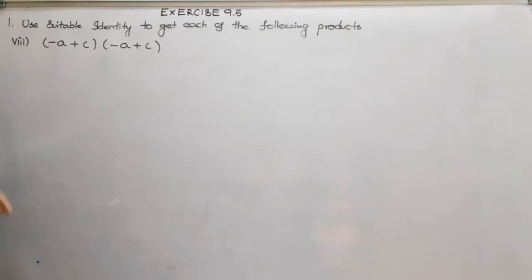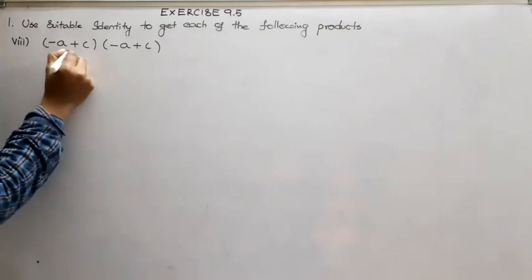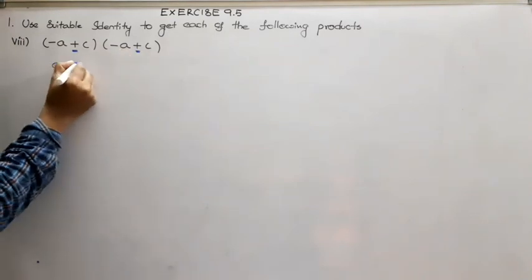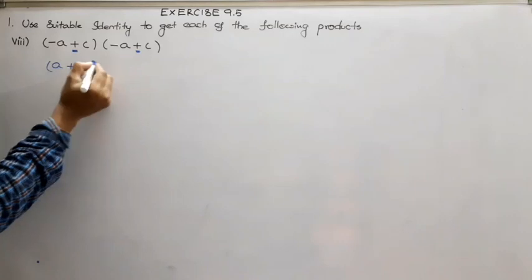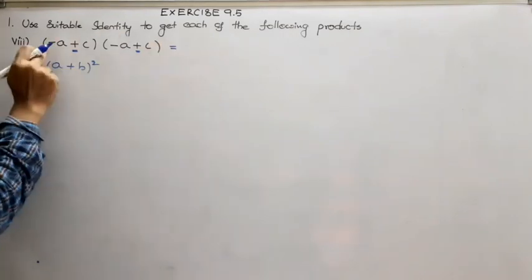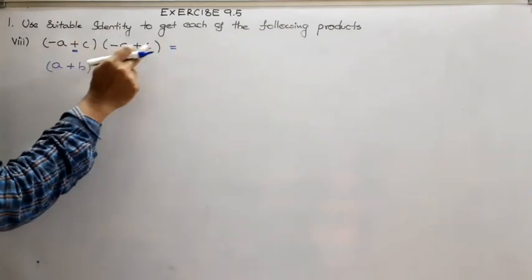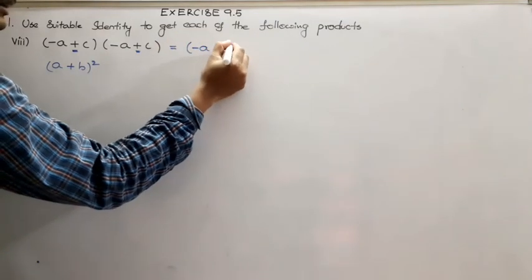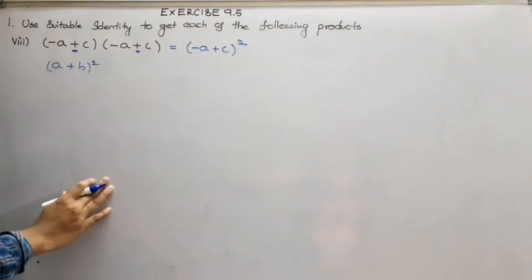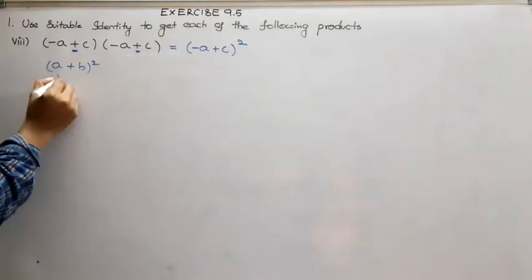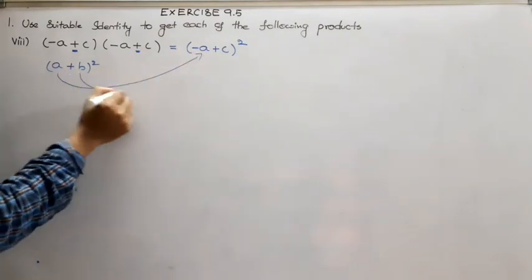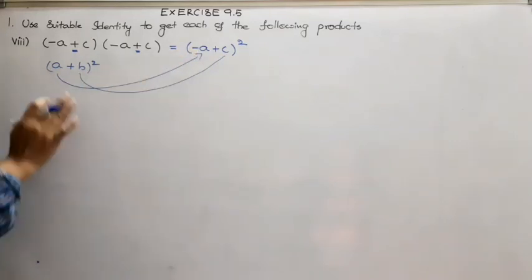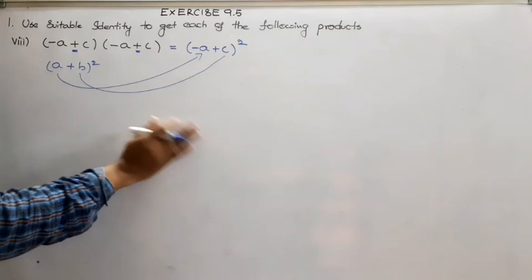Look, for example, if we consider this minus, we can use (a plus b) whole square, because we can write this as (minus a plus c) whole square, where here a is going to be minus a, please be careful, and b is going to be, as it is, c.